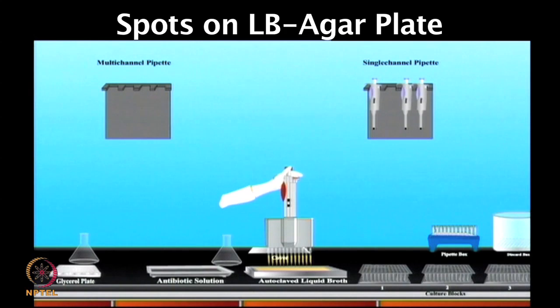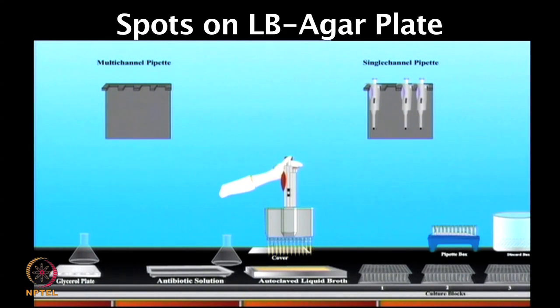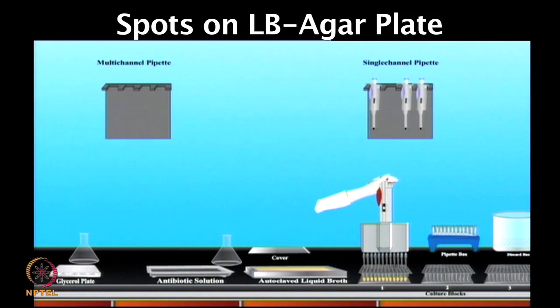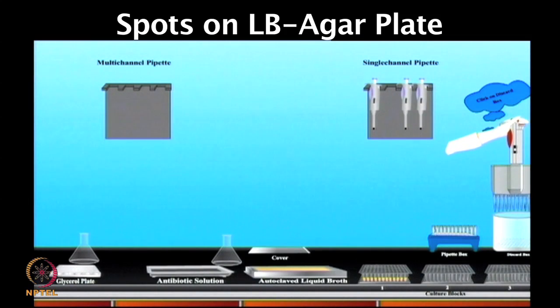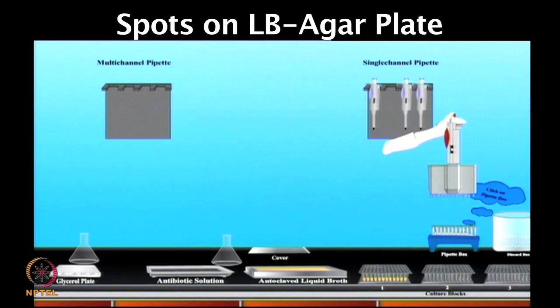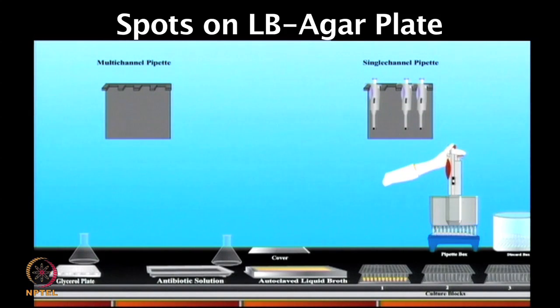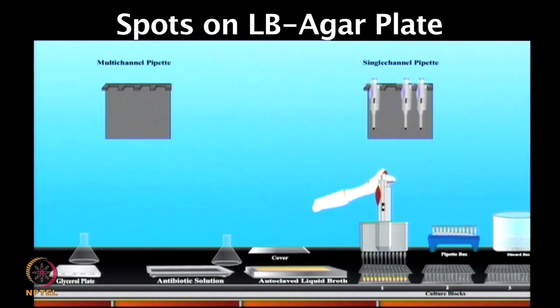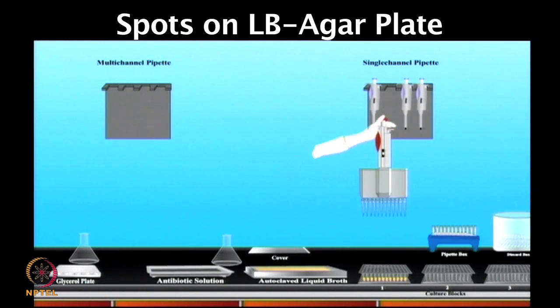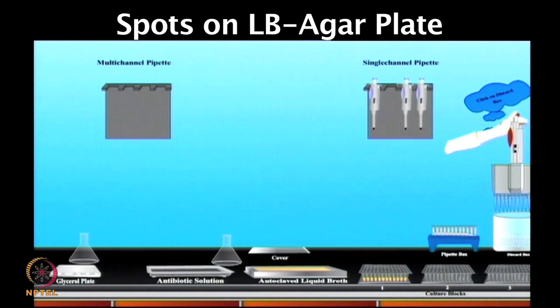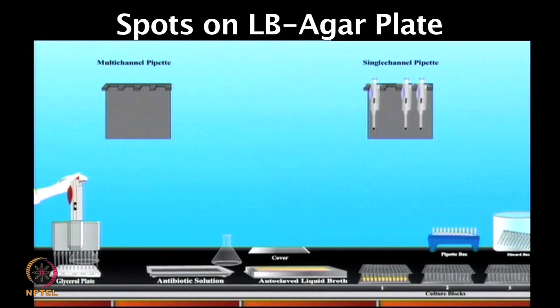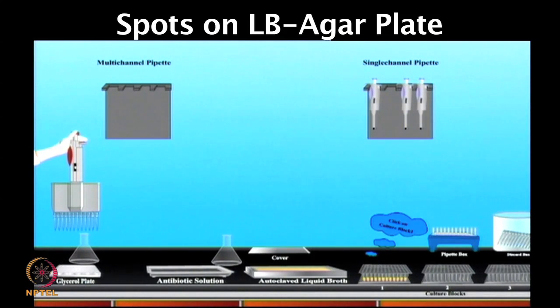First of all you need to prepare the culture blocks and add the liquid broth in 96 well plate format. You need to ensure that you have added the antibiotic solution in each well. Once the culture blocks are ready, inoculate the liquid culture from the bacteria grown on the agar plates.